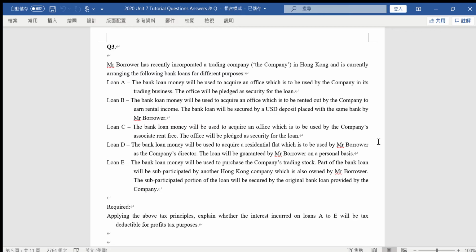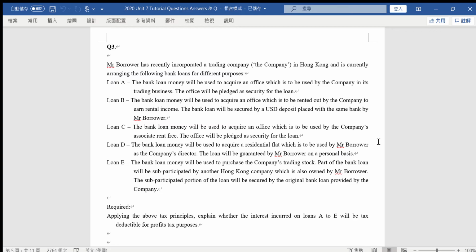That's why even if we look at the subsection, section 16.2A about the secured loan test, it will be satisfied because there is no such arrangement in place such that the interest will be received by the company or the connected person. Okay, that's why for loan A, the interest paid by the company is allowed to deduct.